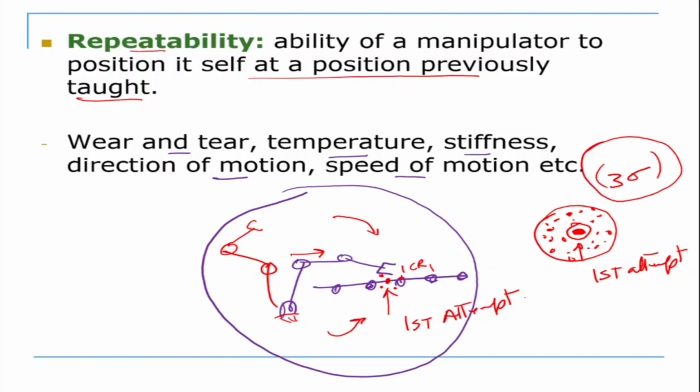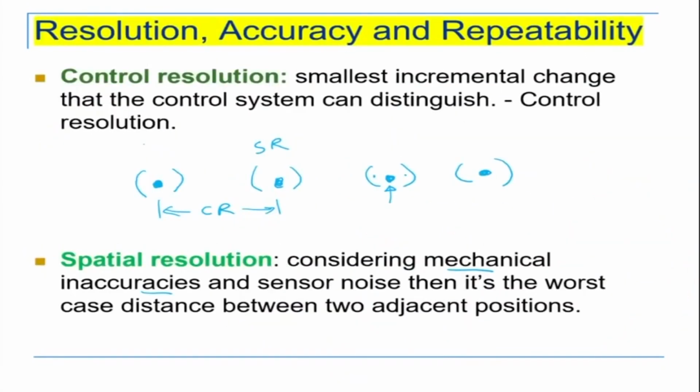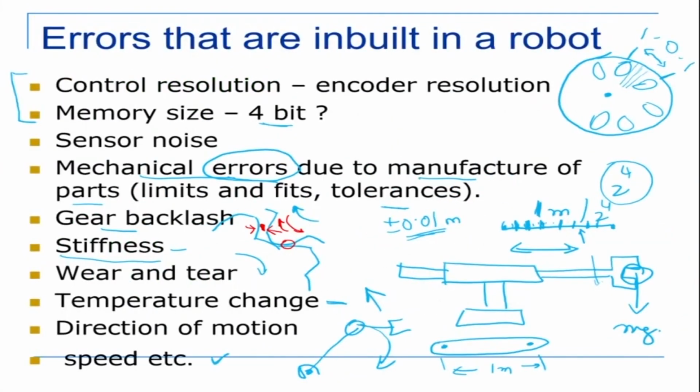Okay, so there are 3 kinds of errors that we have seen. The first kind of error is because of control resolution and memory size. Okay, the encoder and the memory size. Then things like mechanical errors due to manufacture of parts, limits, fits, tolerances, backlash, things like that. So this is the fellow that causes control resolution. This is the fellow that causes accuracy.